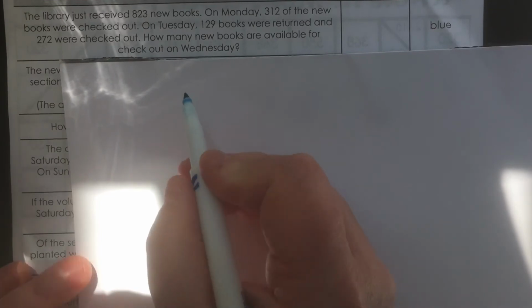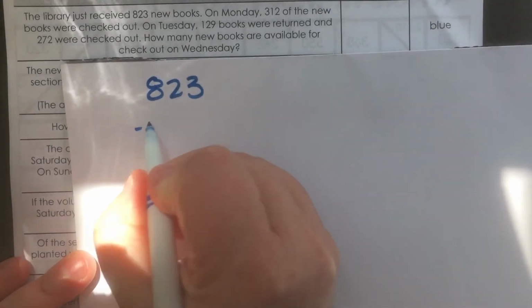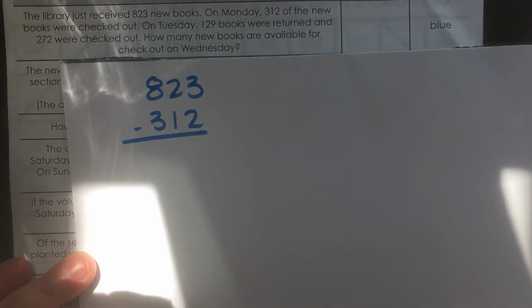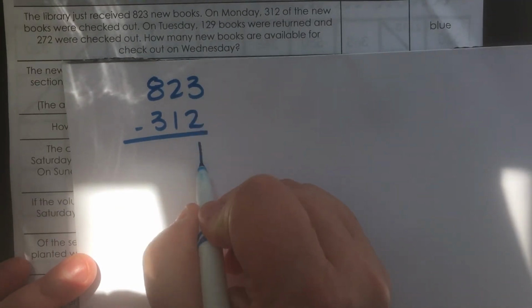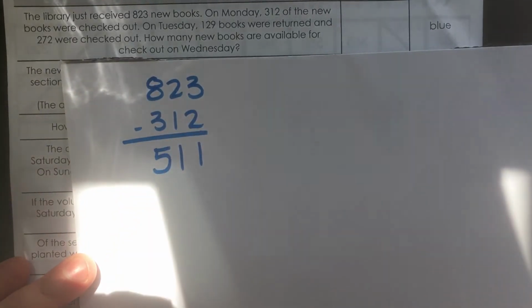So we first started with 823 books. On Monday, 312 books were checked out. Okay, this is the first part of the problem. So 3 minus 2, 2 minus 1, 8 minus 3. So Tuesday morning, we're looking at 511 books.